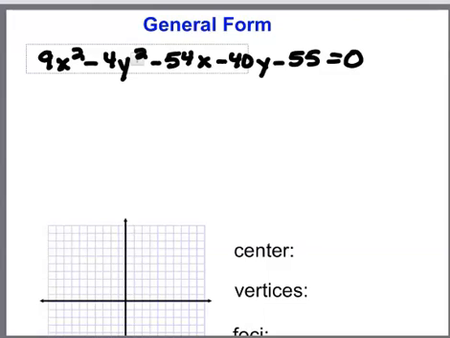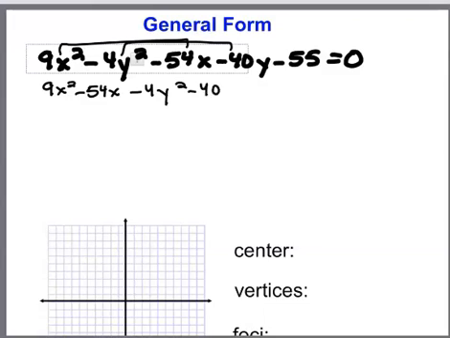Okay, so when I put something from general form to standard form, I'm going to start by grouping the x's, grouping the y's. So I'll group the x's, 9x squared minus 54x. I may as well skip the blank right now. I'm going to group the y's, minus 4y squared minus 40y minus 55 equals 0. Okay. I'm just going to group those, but now I'm going to factor out the coefficient of x squared.